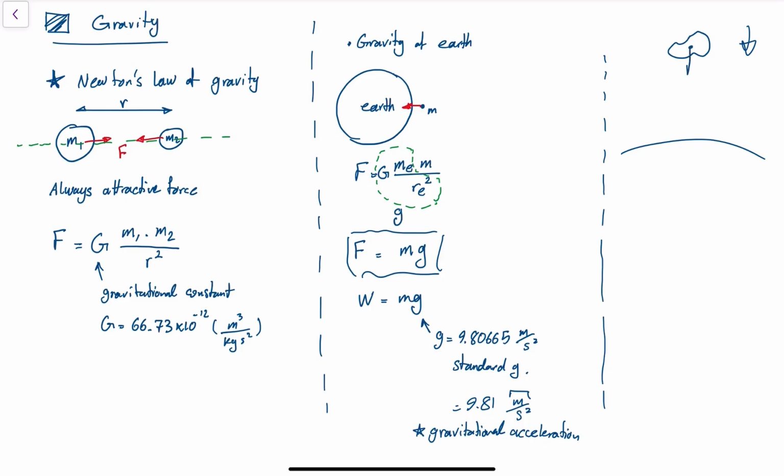If there is no other force acting on it, only force of the weight, which we calculated, it is mass times gravity. If you write the Newton's second law, W equals mass times acceleration, and W is mg equals ma. So the acceleration that the particle will have equals this g. So that's why it's called gravitational acceleration, because it is the acceleration of a free falling object on Earth.